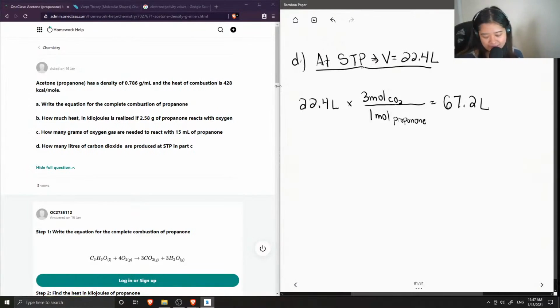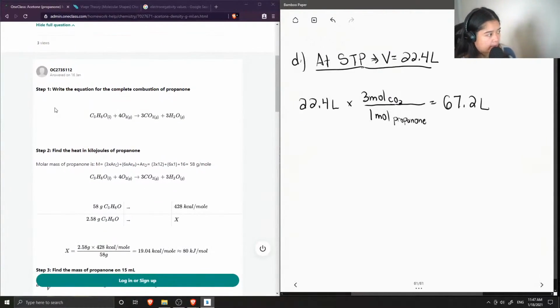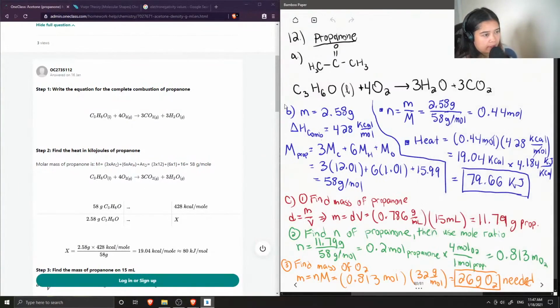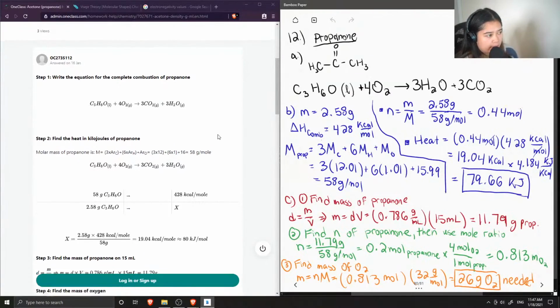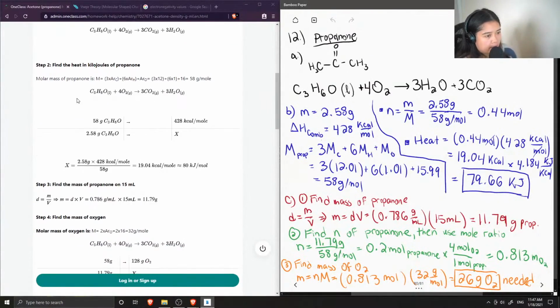Okay, so now let's see what the junior tutor said. Step 1 is to write the equation for the complete combustion of propanone. And let's go back to mine. We have C3H6O plus 4O2 makes 3 CO2 plus 3 H2O. Step 2 is to find the heat in kilojoules of propanone. So they calculated the molar mass to be 58.